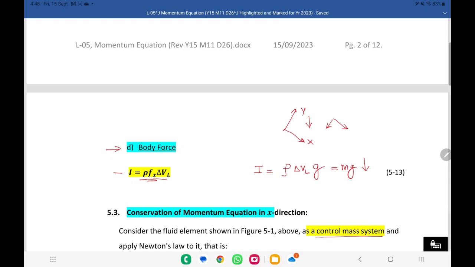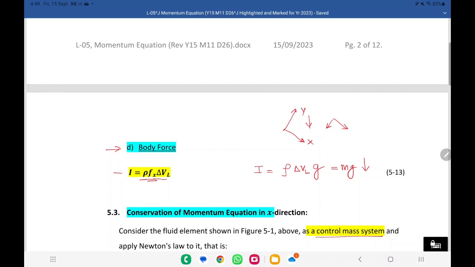Or if z is aligned vertical, then x and y are horizontal, then they are 0 in a gravity case. But suppose you are going in space, then there is nothing like a vertical direction. If you are passing through any solar body, space body or heavenly body, it will attract you towards it. So whatever your coordinate system x, y, z, in that case the body force can be acting anywhere.